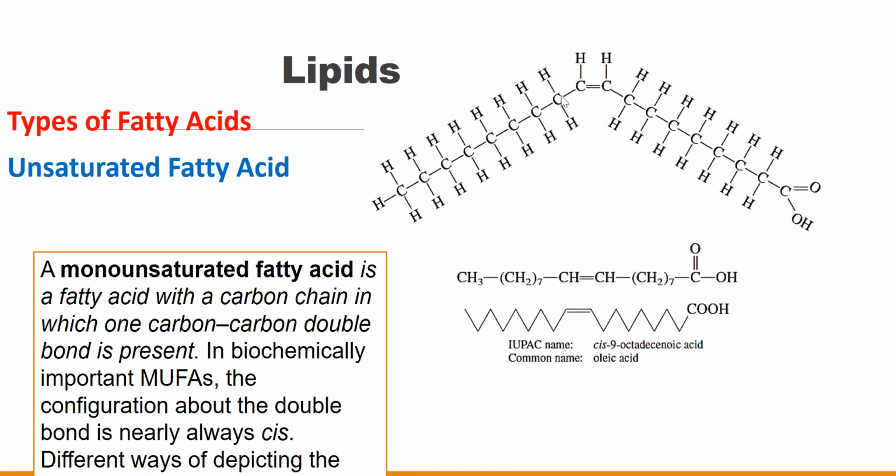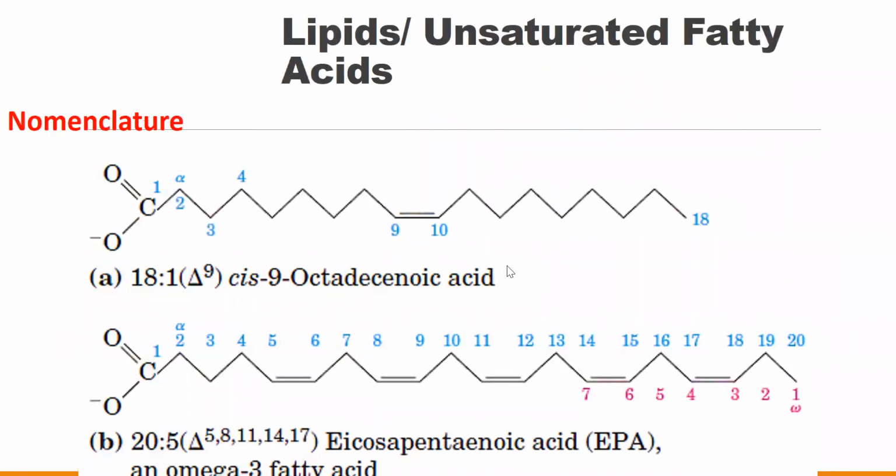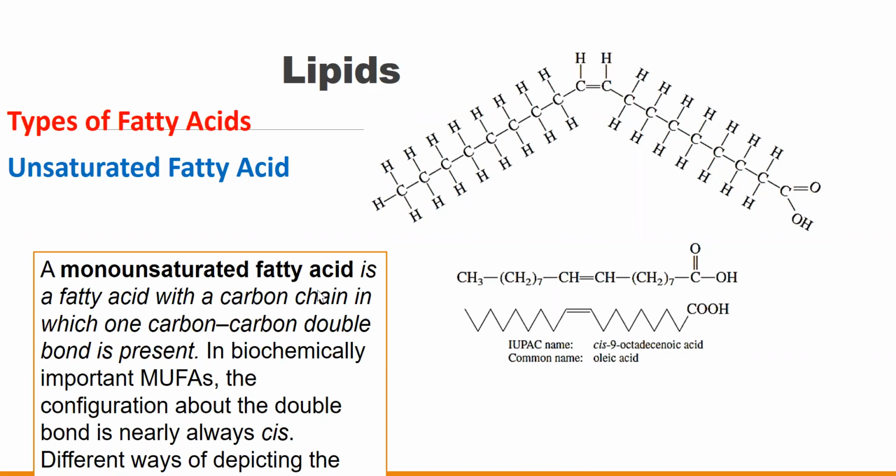Somewhere in the hydrocarbon chain of this fatty acid, the chain diverges from a straight structure. We'll see later that this will affect the melting point of our unsaturated fatty acid. A monounsaturated fatty acid, we call it mono because there is only one carbon double bond that we can see.